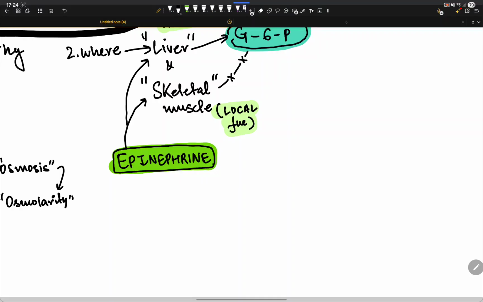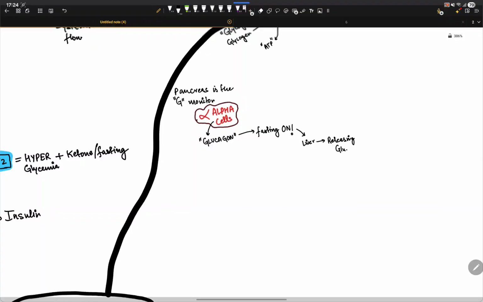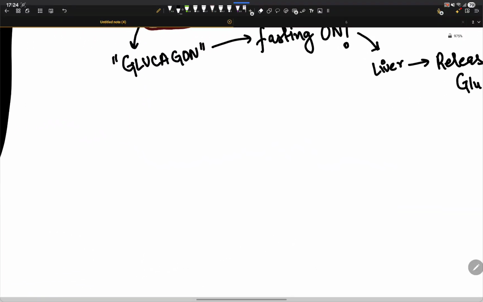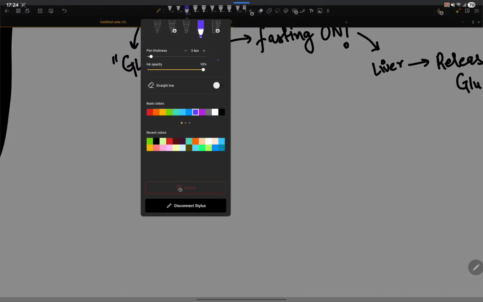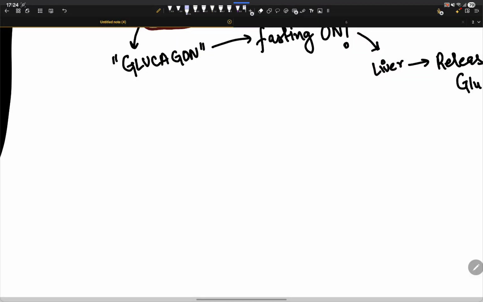Now here I'm going to introduce you to another thing. This glucagon is going to talk to someone else now. We have a new character. This character is called adenylyl cyclase.